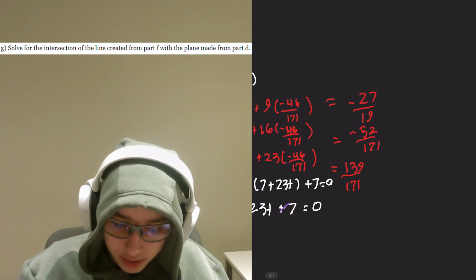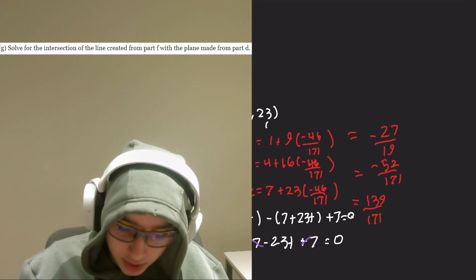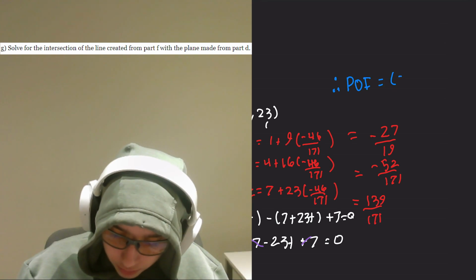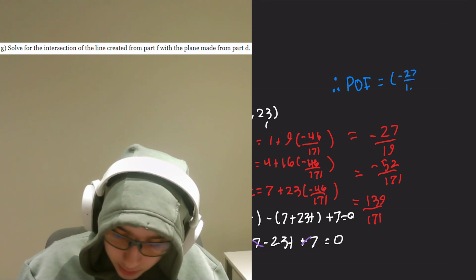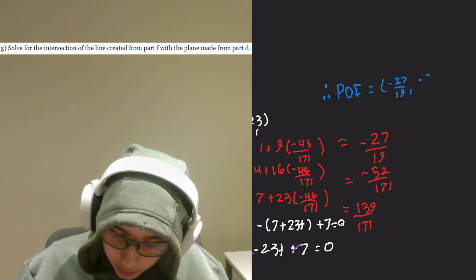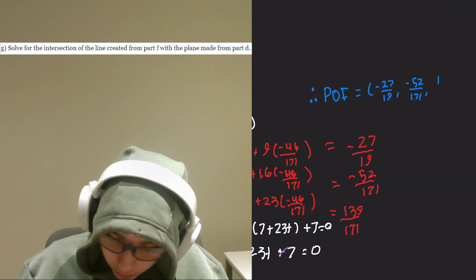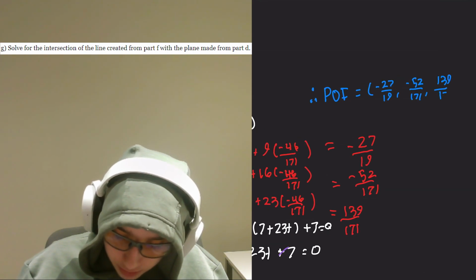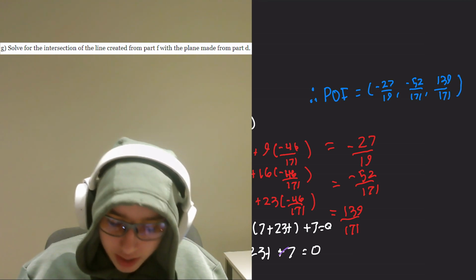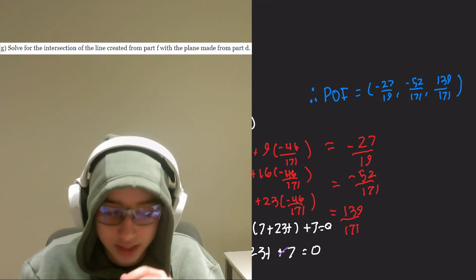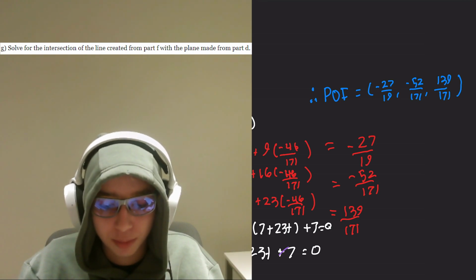So now this all becomes a point of intersection, and we can write our point of intersection, or POI, is equal to (negative 27 over 19, negative 52 over 171, 139 over 171). And this point right here is the intersection between this line and this plane from part D.